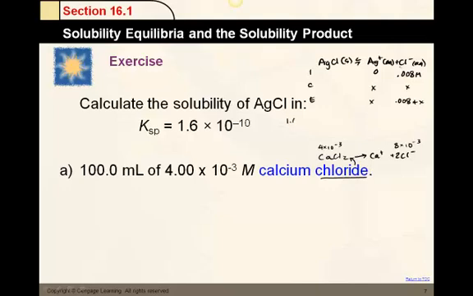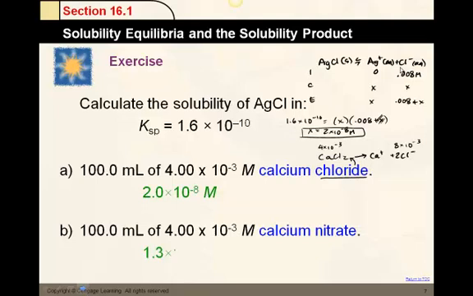So 1.6 times 10 to the negative 10 is equal to X times 0.008 plus X. Because the value we're going to get for X is so tiny as compared to 0.008, I'm going to cancel this number to make the solving easier. And when we do, we should get 2 times 10 to the negative 8 molar, and that's what I got. Just what they got.